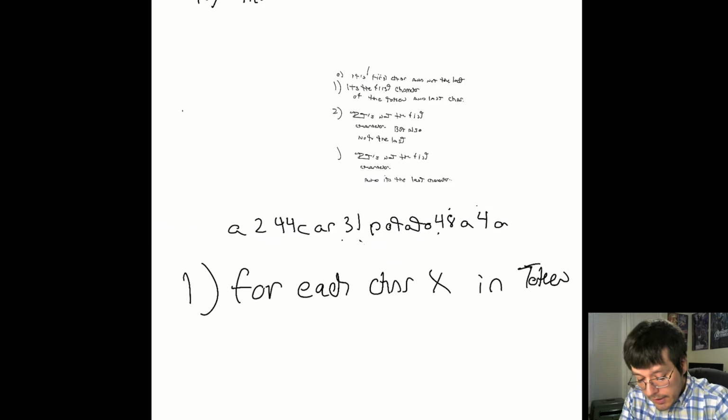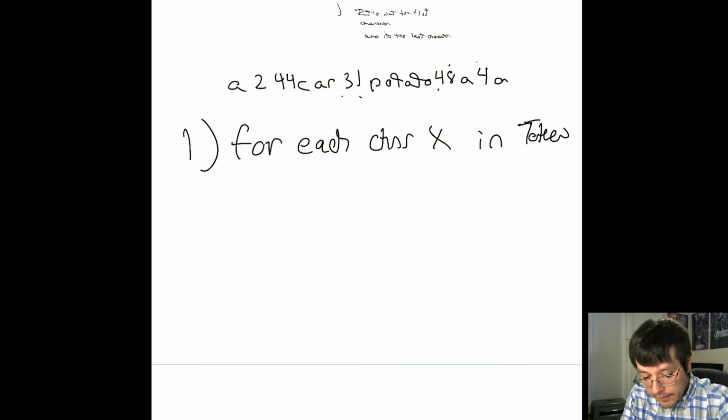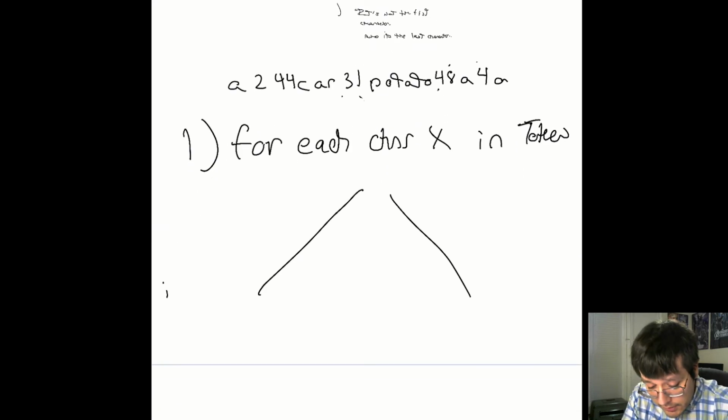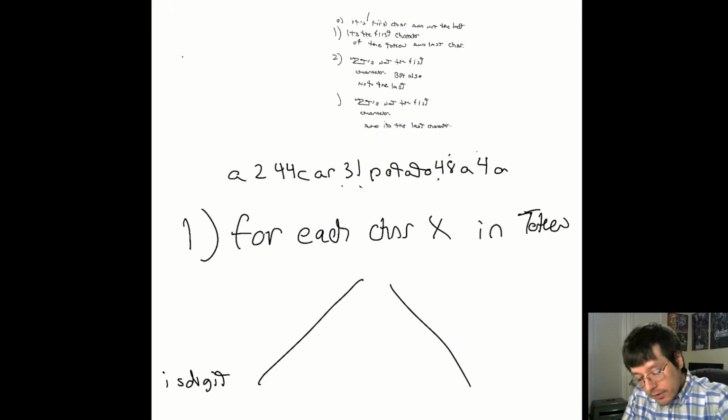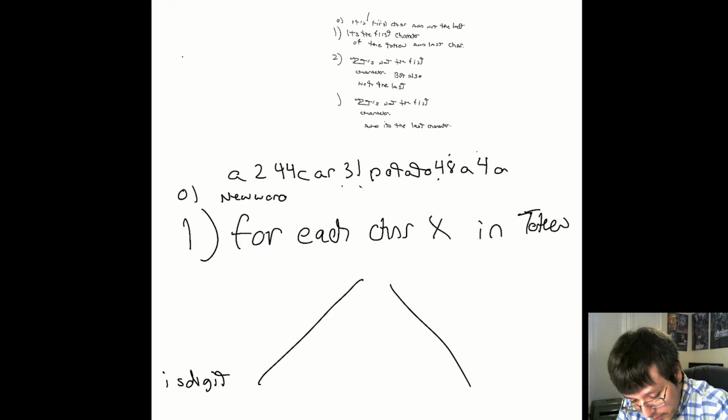So that's my iteration, right? So again, if it's a digit, I'm going to, and I guess also, I'm going to call step 0 where I initialize my new word. So I'm going to say new word is just empty at the beginning. And I'm also going to initialize another thing.